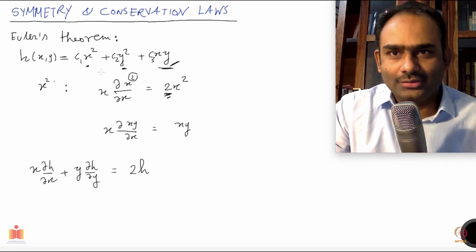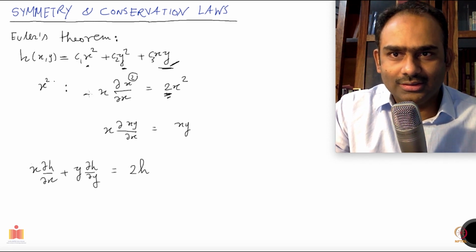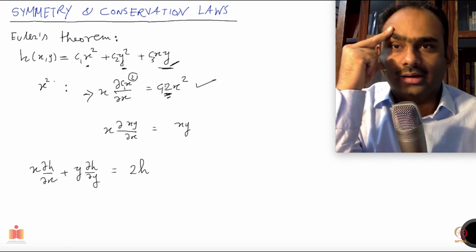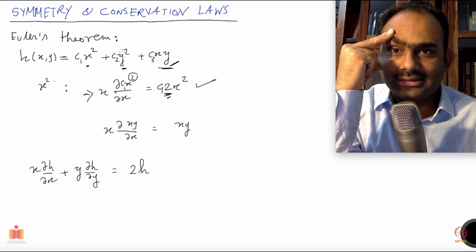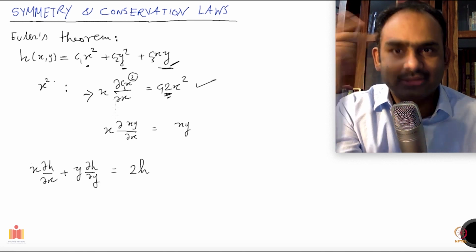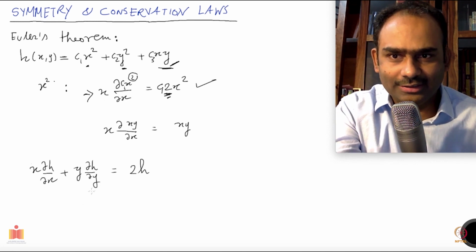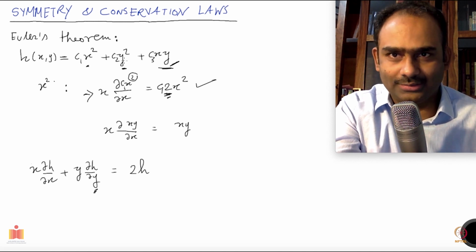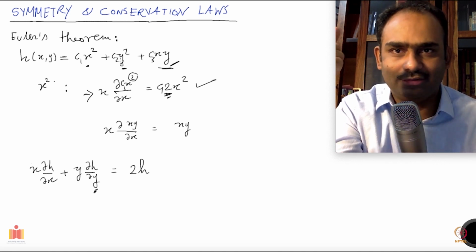Because when you do this, you get a 2x square. If there is a c1 factor here, your c1 will be again here. And then when del over del x acts on this, it gives 0. But when you do a partial derivative with respect to y, it will generate another y square term. In addition, you'll have a factor of 2.